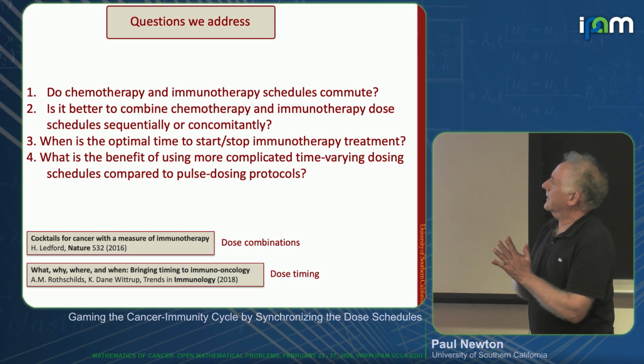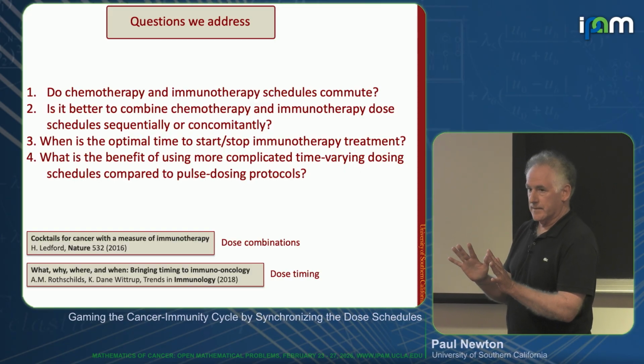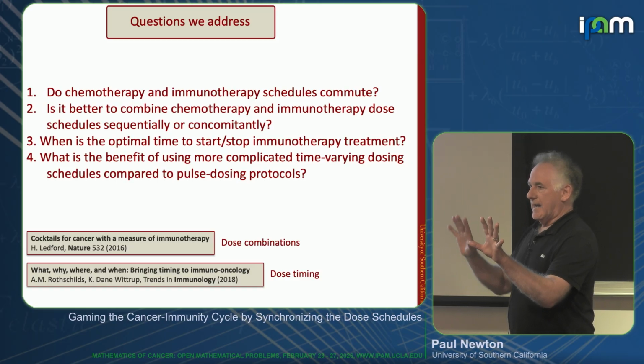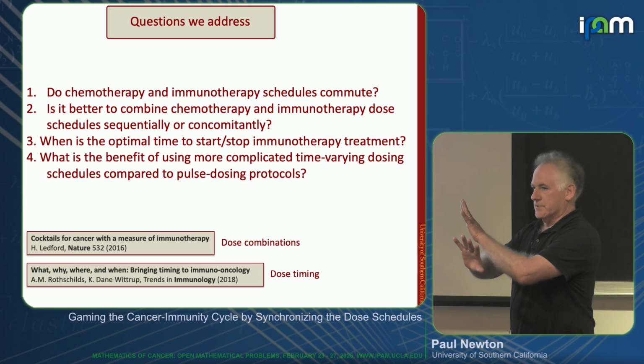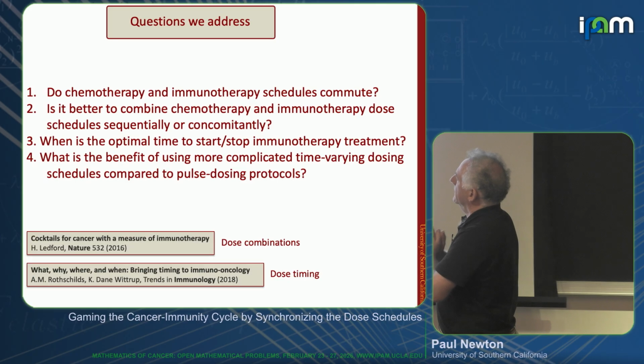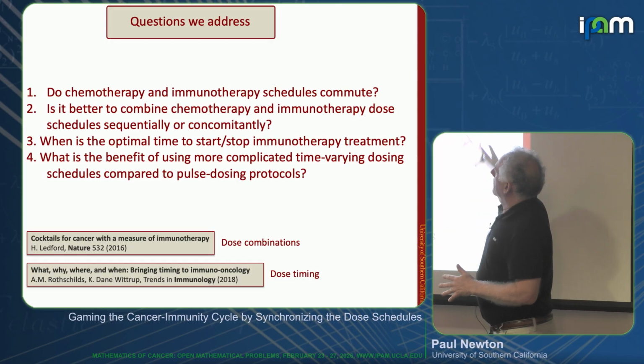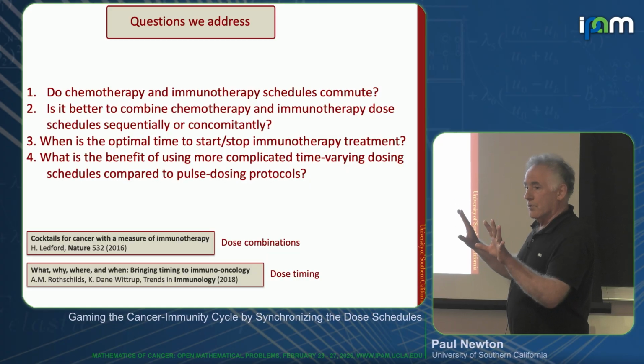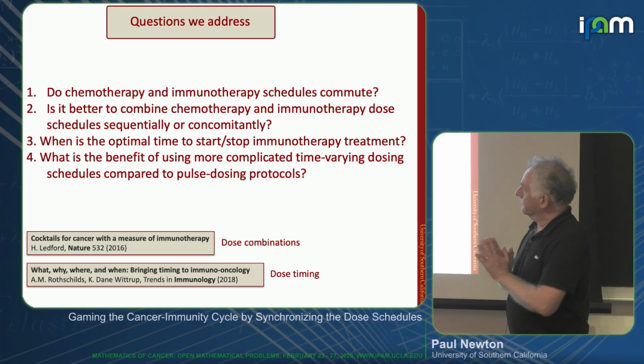Do chemotherapy and immunotherapy schedules commute? That is something that's not well understood. In other words, if you give a pulse of chemotherapy and then you give a pulse of immunotherapy, is the response the same as if you switch the order and you first give the immunotherapy and then you give the chemo? So we first look at that. Is it better to combine chemotherapy and immunotherapy dose schedules sequentially, one after the other, or concomitantly at the same time?